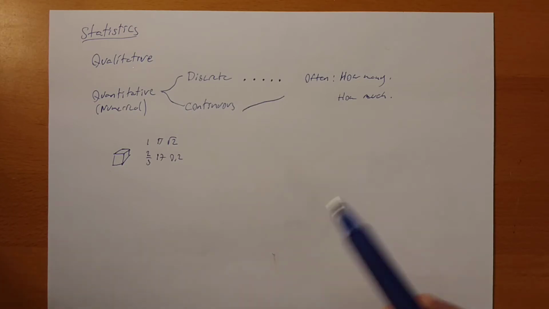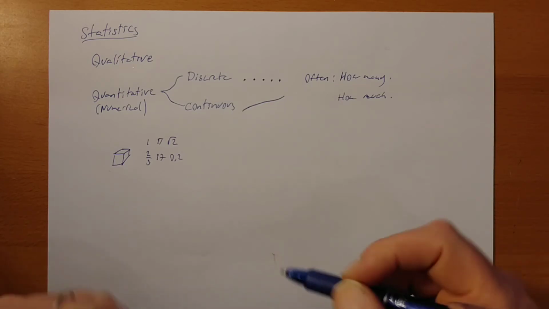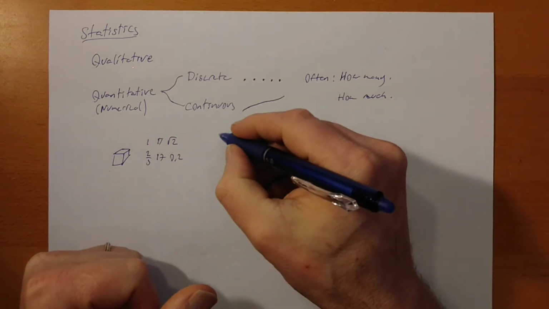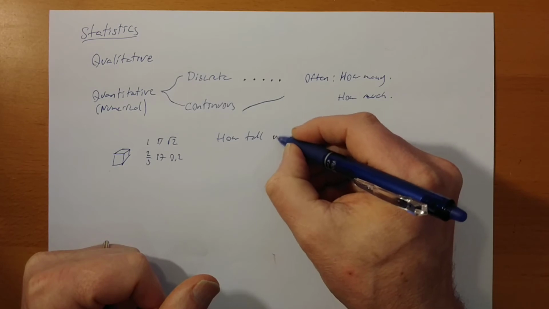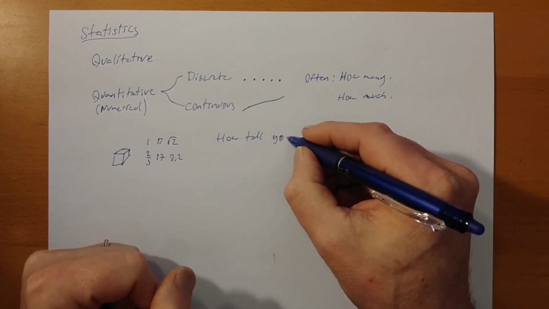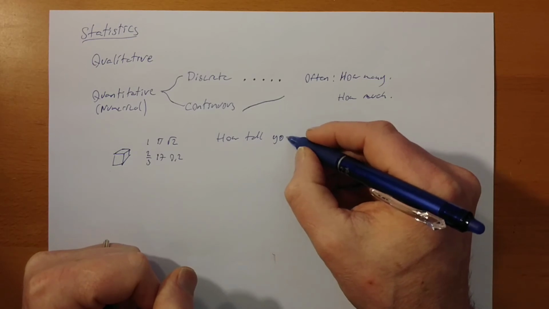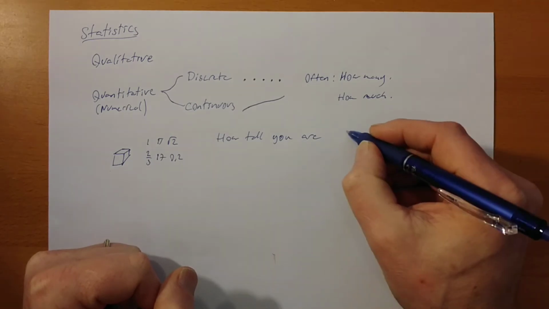Continuous means that you can have all the values in between, from some value to some value. For example, the data of how tall you are is continuous.